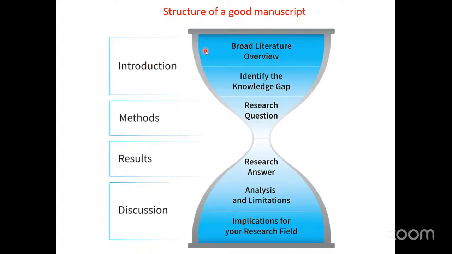The introduction, as I said before, needs a broad literature overview: what the problem is, what spectrum of knowledge is already available, what the knowledge gaps and lacunae are, and based on that we formulate our research question.